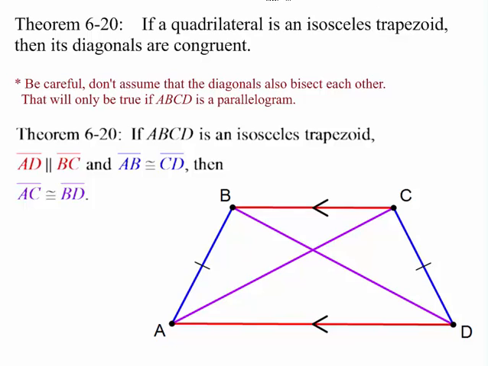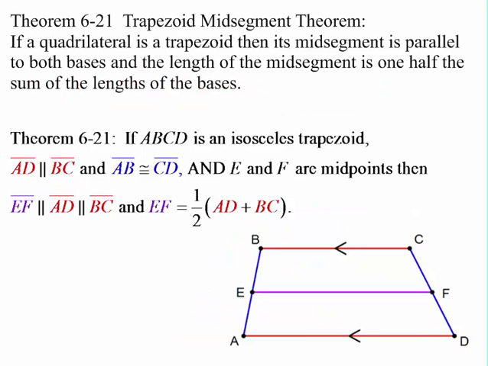The other interesting property that they have, which is sort of cool, not covered in this theorem, is that if you mark the point where they meet as point E, you're going to notice that AE is not congruent to CE. This clearly is not the middle. But BE is congruent to CE, and AE is congruent to DE. Okay, let's move on.